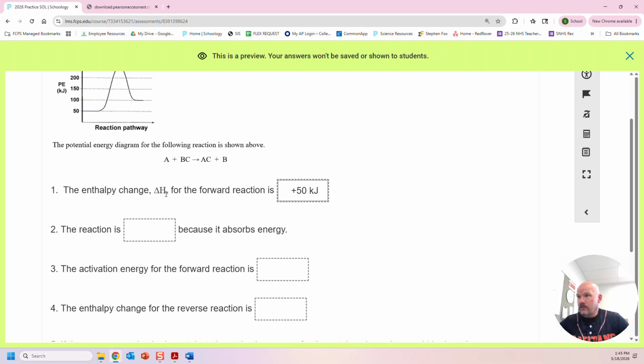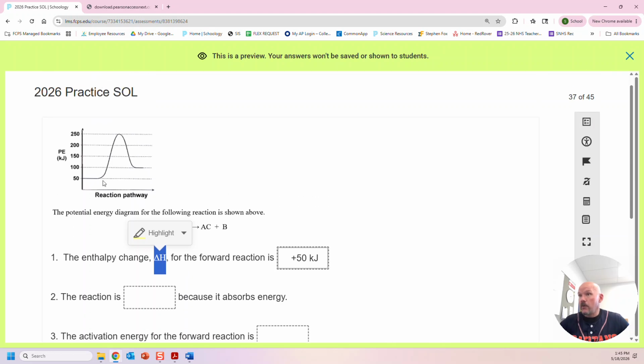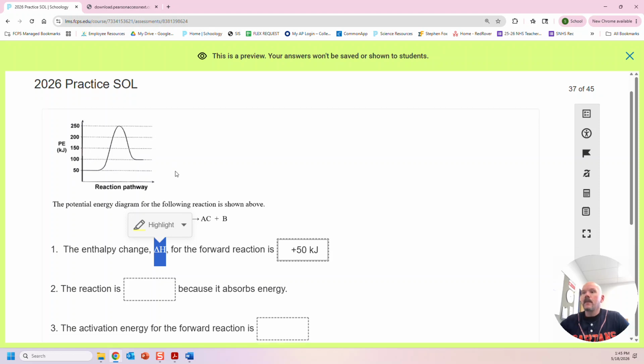Final minus initial is how you get your delta, so products minus reactants. The final part of a reaction is the products, the initial part is the reactants, so products minus reactants gives you your delta H. But just remember, if you're talking about the forward reaction, this is the products and this is the reactants. If this said the reverse reaction, that would be the products and that would be the reactants, and it would be 50 minus 100.